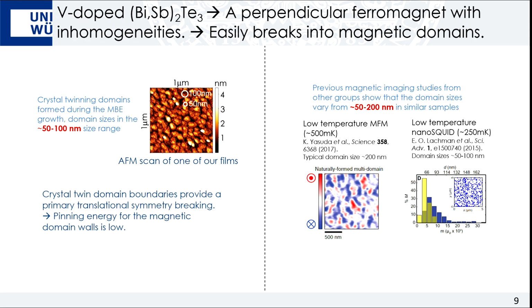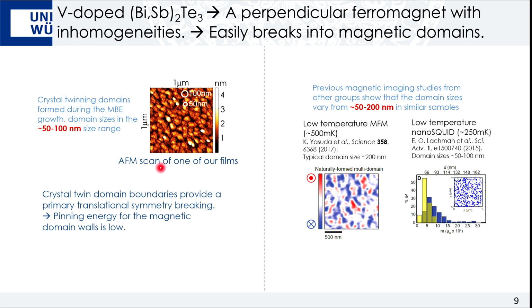If you look at a topography of these films, you always find that they are prone to producing rotational twin domains. Now, we know how to get rid of these domains. It's not like we don't know how to grow the material. It's just that when you grow with better and better crystalline quality, for reasons we don't know why, you lose quantization. So some degree of these rotational twins is actually necessary to observe proper quantization.